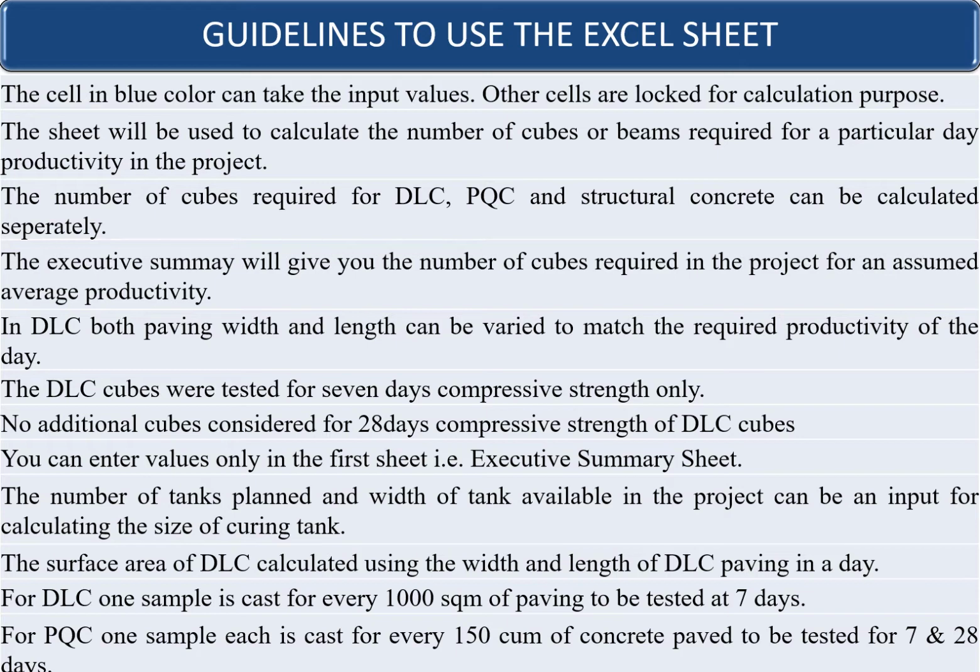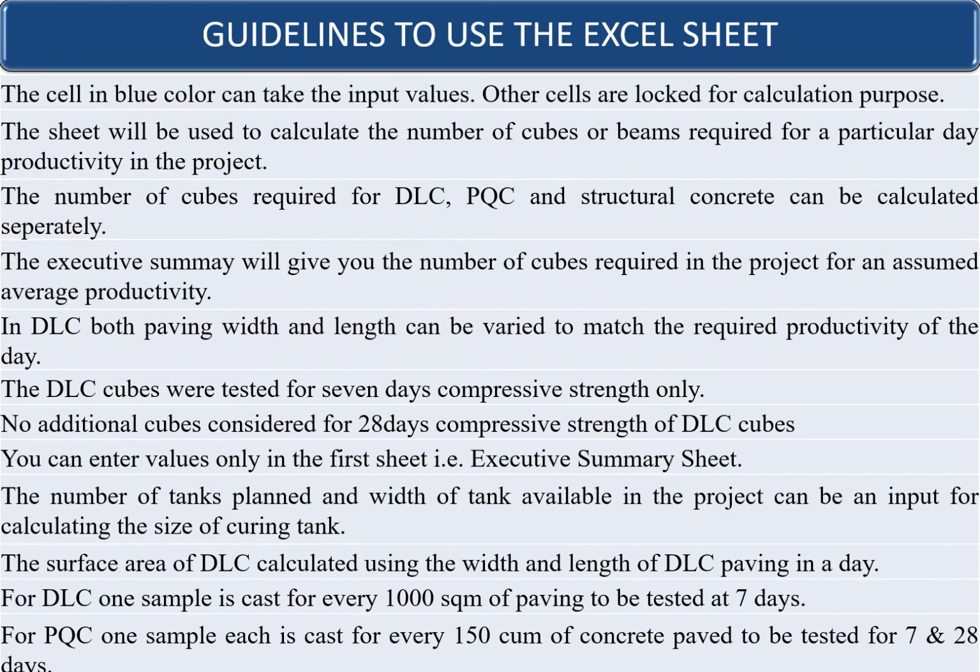The number of cubes required for DLC or PQC and structural steel, structural concrete will be calculated in separate sheets so that this sheet can be used for both rigid pavement as well as for the other structural concretes where you have no rigid pavement scope. There you can directly calculate the quantities required for structural work.